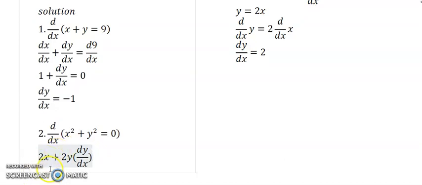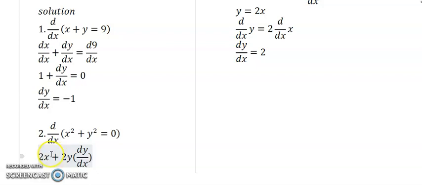The reason the derivative of y squared gave us dy over dx is that y and x are two different variables.